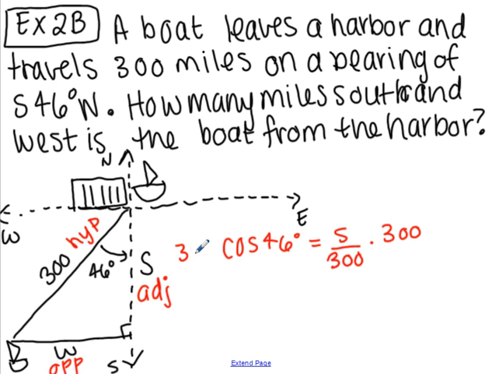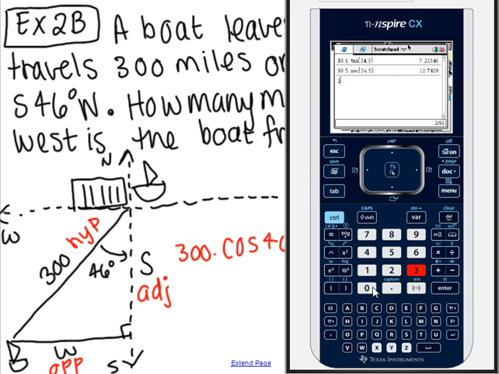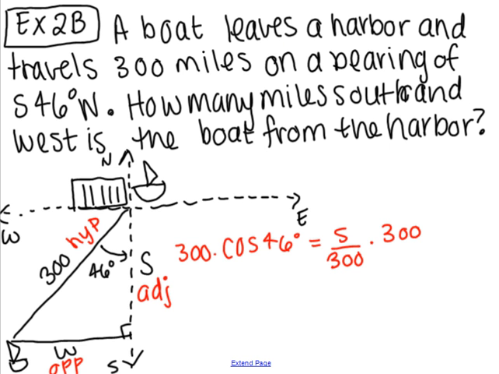Multiply both sides by 300, and then use our calculator. 300 cosine 46, enter, and we get 208.398. We're going to round to the nearest mile, so 208. So the south distance is 208 miles.